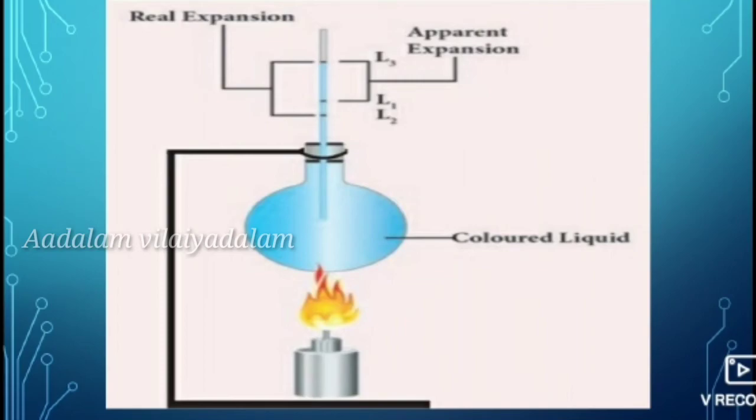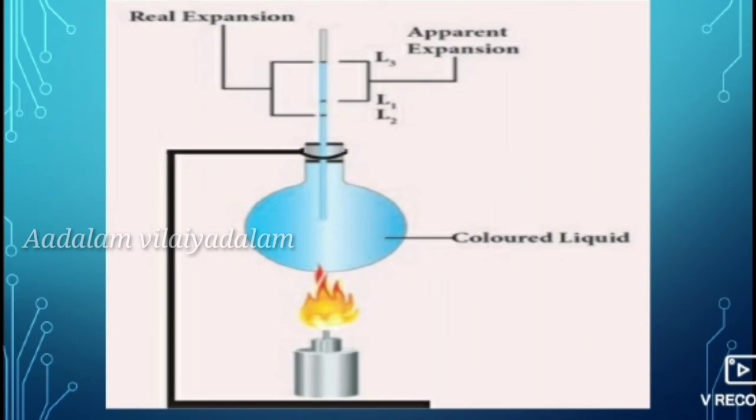Simply, take the liquid in a container and mark the initial level as L1. If we heat the container, first the container gets the heat energy and expands. Due to the expansion of the container, the level of the liquid decreases.